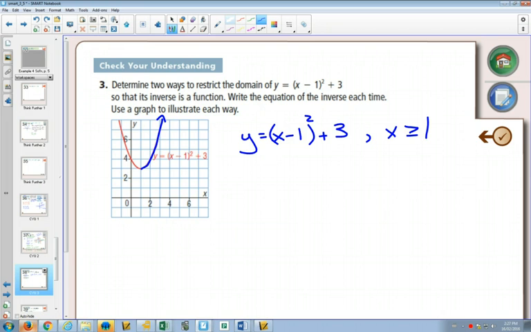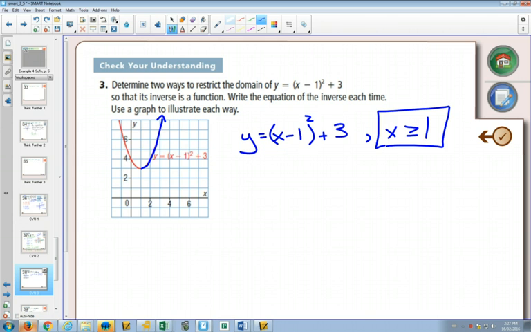So if we restrict the domain by saying x is bigger than or equal to 1, then we're going to get something that passes the horizontal line test. And that inverse is going to be a function.